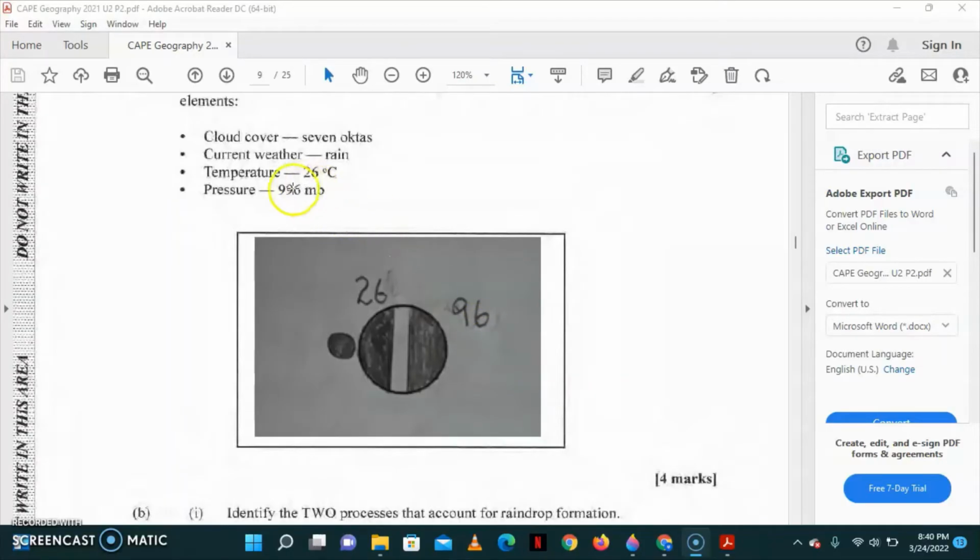When you drop the 9 or the 10, if it is like 1016 millibars, you drop the 9 at the front or the 10, and you just leave the remaining 2 digits, which is 96 in this case, or you add a 0 when you drop the 9, so it will be 960 MB. So whichever way you want to do, it is okay. Now, once you have all 4 elements, then 4 marks belong to you.